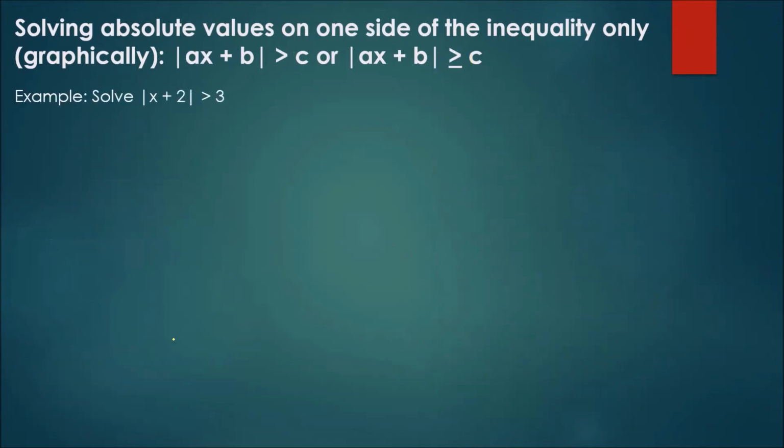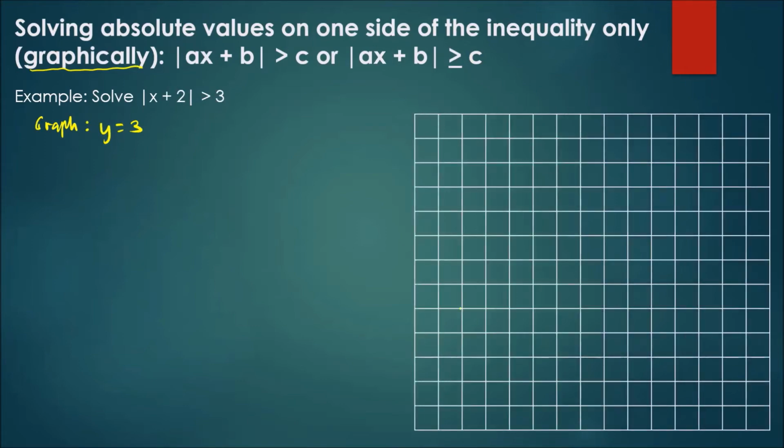Let's have another example. We are going to solve the modulus of x plus 2 greater than 3. Again, to solve this, we are going graphically, take note. So we need to graph y is equal to 3.